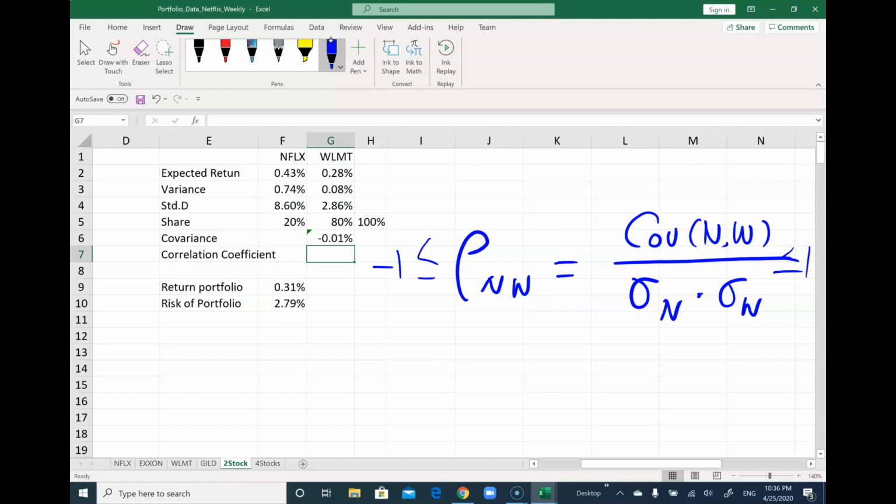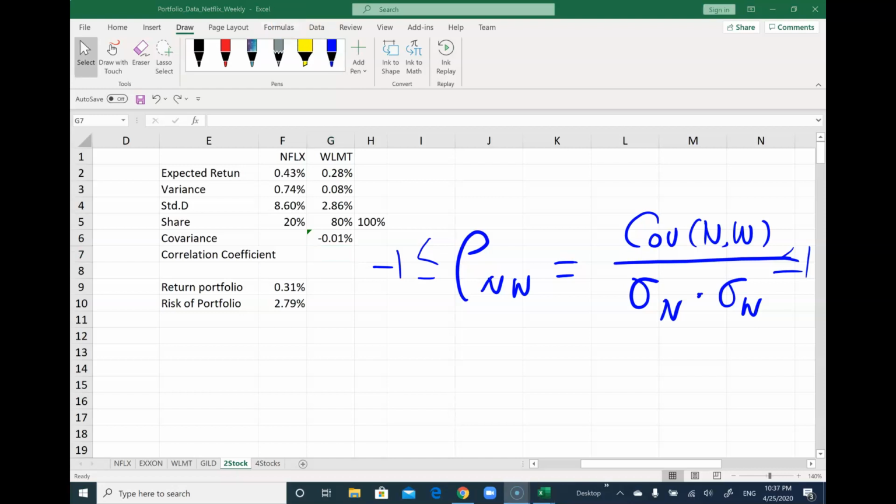Because of that, simply by looking at the value of the covariance, we cannot really infer exactly how strong the relationship between the two variables is. So I would say the correlation coefficient is a clearer concept than the covariance, and that's the reason why we prefer the correlation coefficient to the covariance.